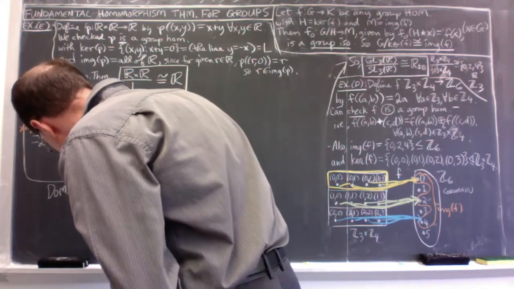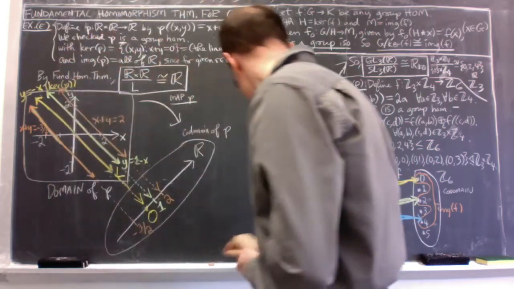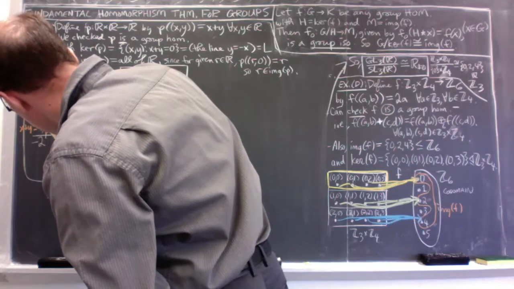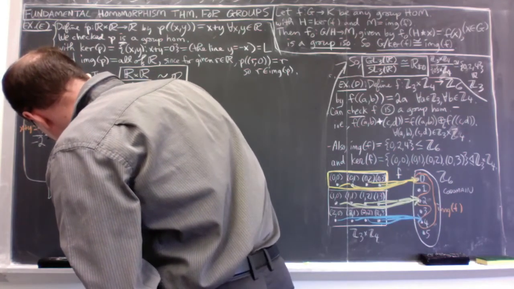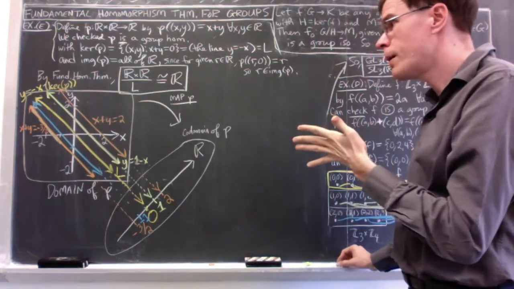And lo and behold, everything on that line goes to there. Here's the blue one that I meant to use. Points mapping to -1.